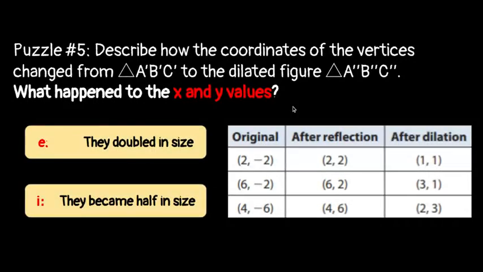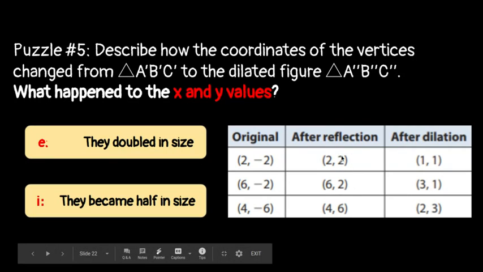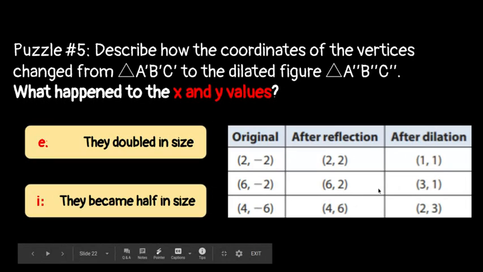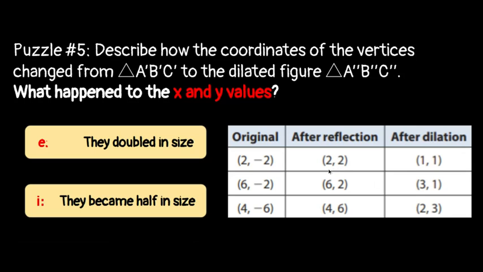Next, we're at puzzle 5, which is part of question 1B. So we need to describe how the coordinates of the vertices changed from triangle A prime, B prime, C prime here to figure A double prime, B double prime, C double prime here. So what happened to our x and y values? We can see we went from 2, 2 to 1, 1, from 6, 2 to 3, 1, from 4, 6 to 2, 3.